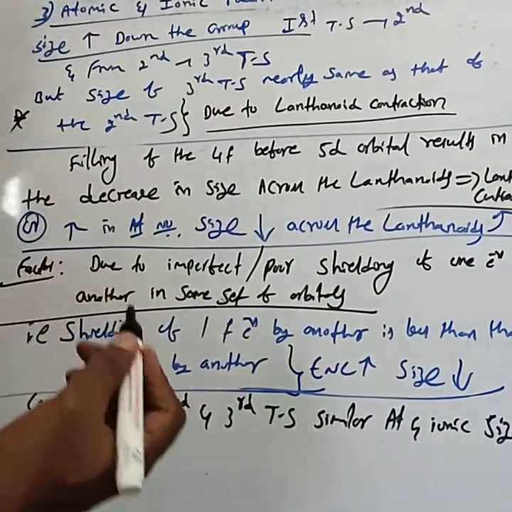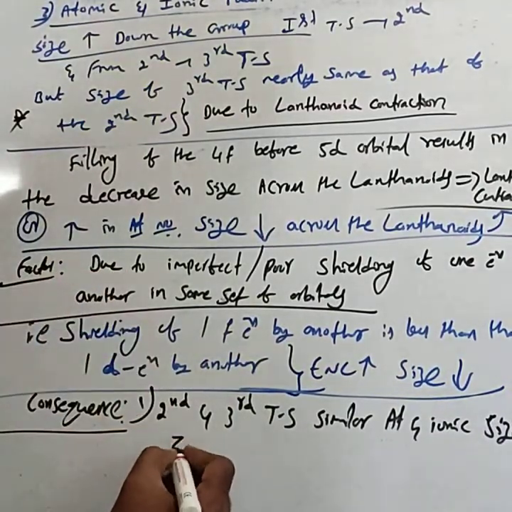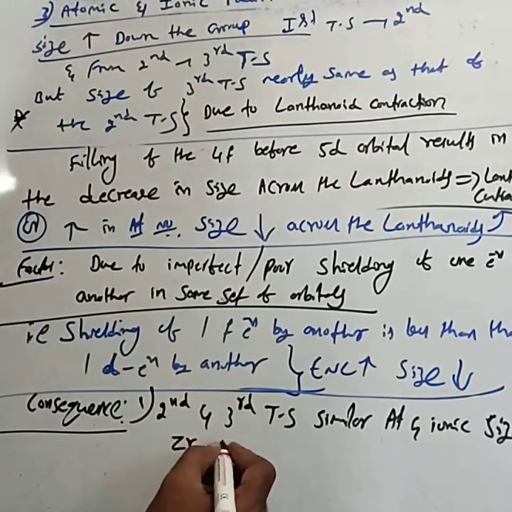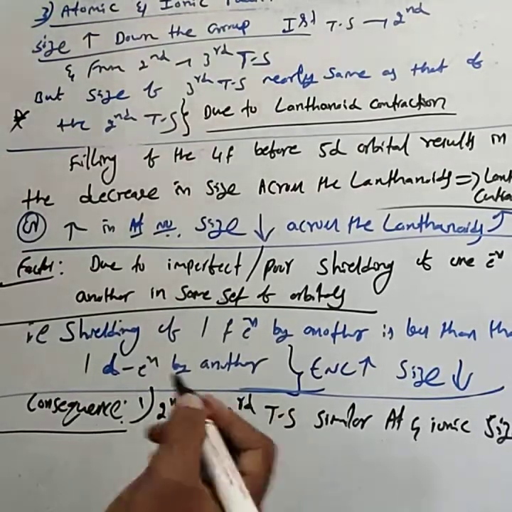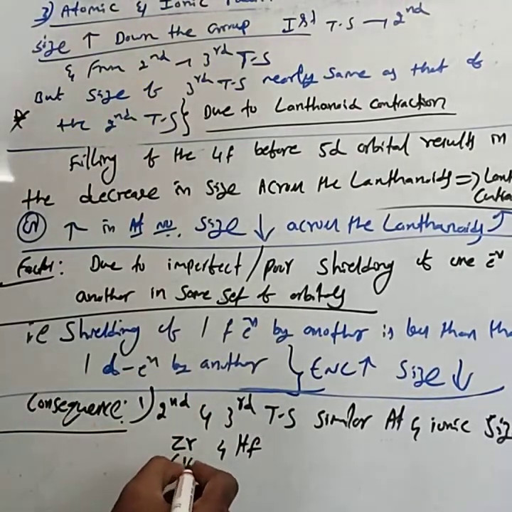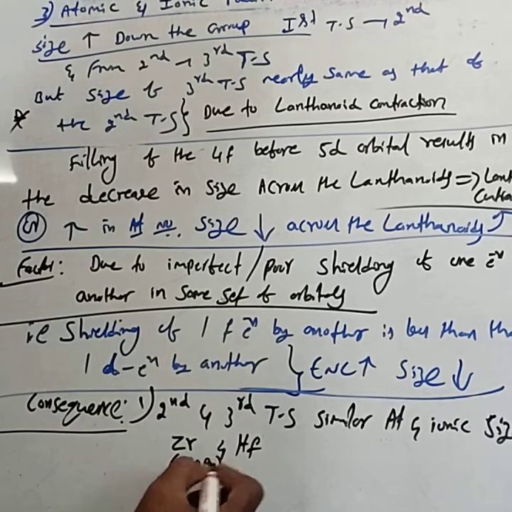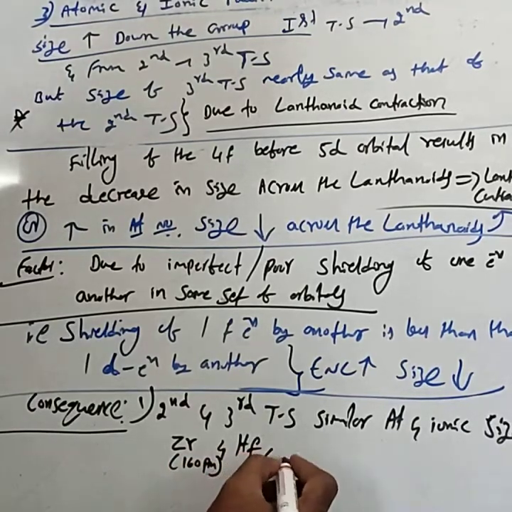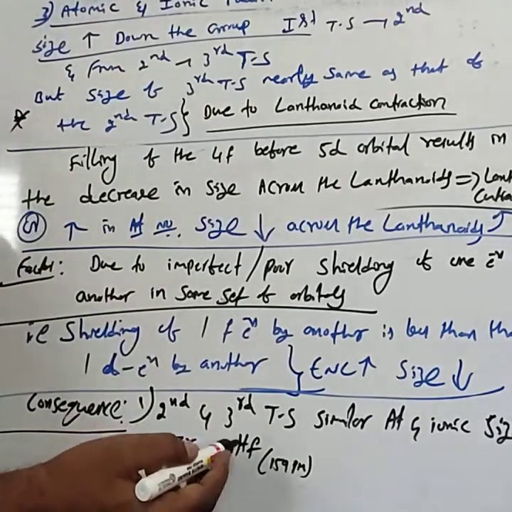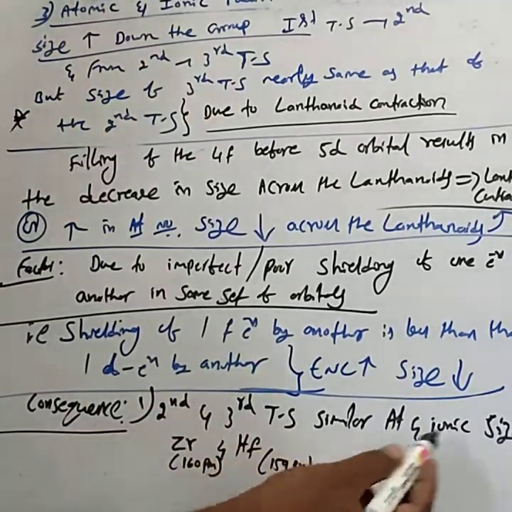Based on that, they can take the example of zirconium and osmium. Zirconium size is 160 picometer and osmium size is 159 picometer. They have the same atomic size.